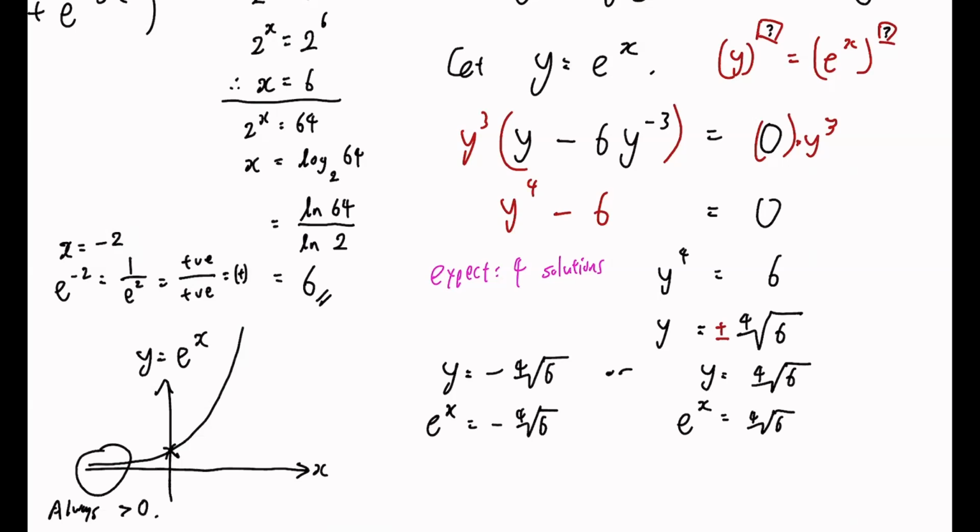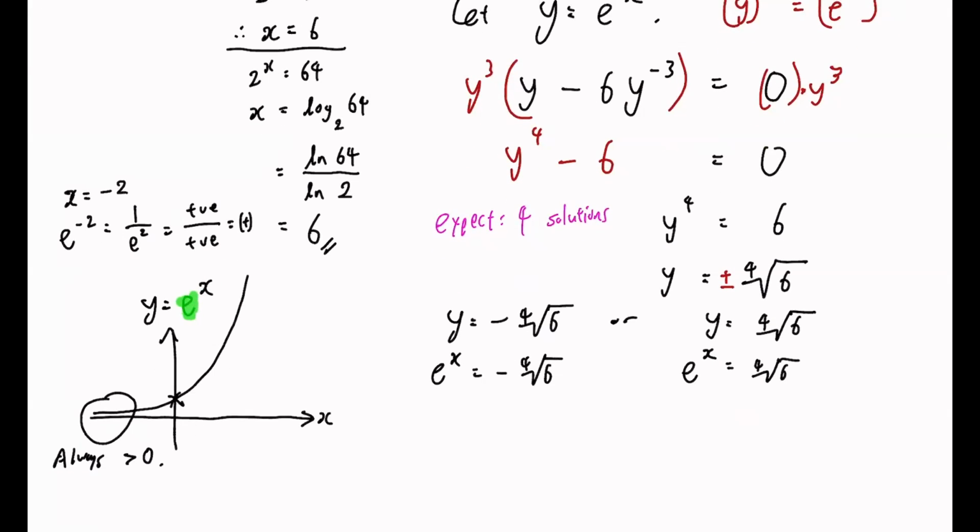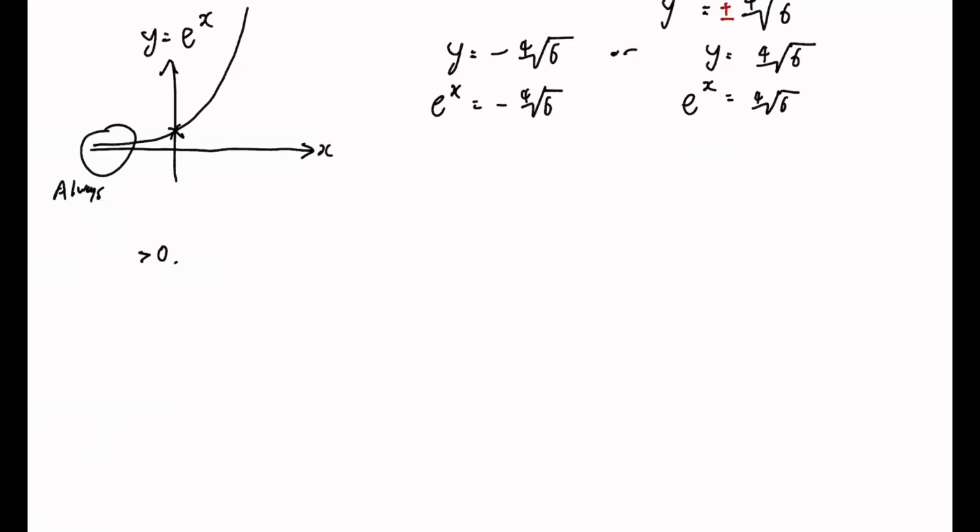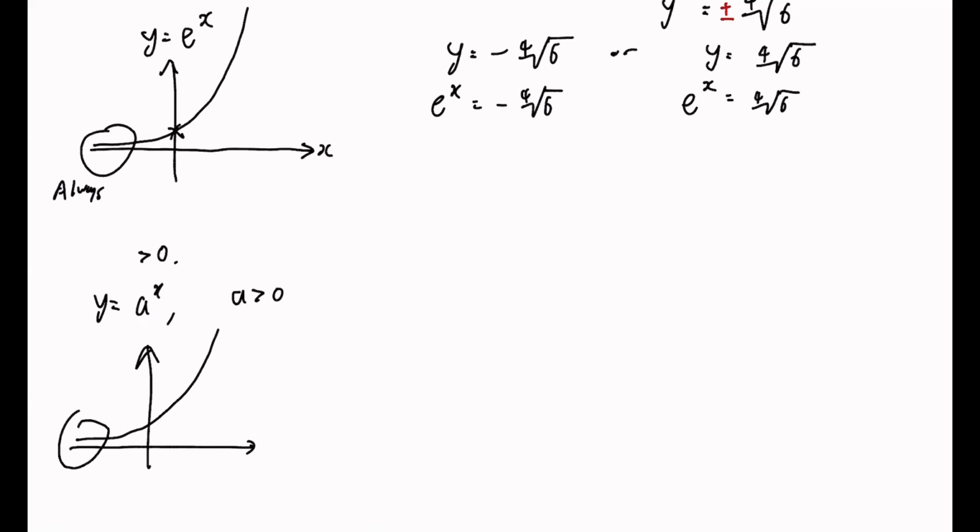By the way, this doesn't just apply to e. It can be any other positive number you like. In general, it's a power x where a is more than 0. The graph looks exactly the same. Okay? Always more than 0.